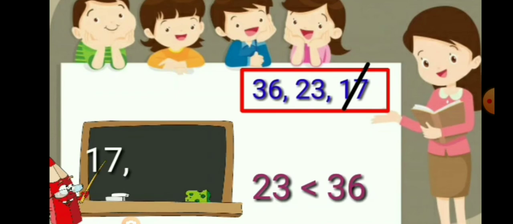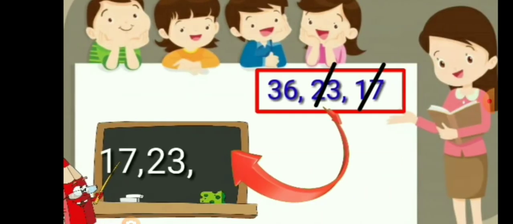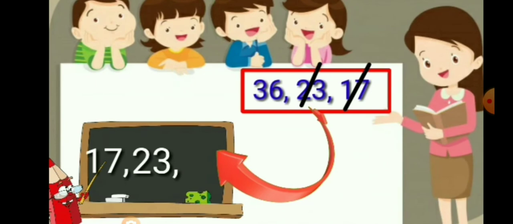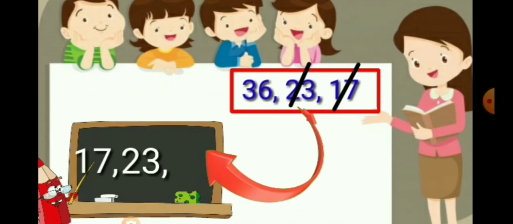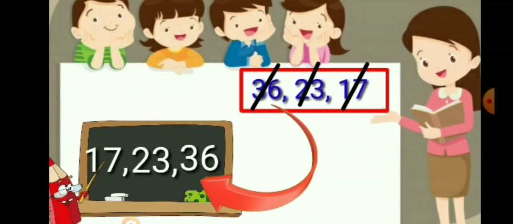So I will write 23 as my second number. The last number remaining is 36, which is the biggest of the given numbers, which we will write at last. So ascending order is small to big, that is 17, 23 and 36.